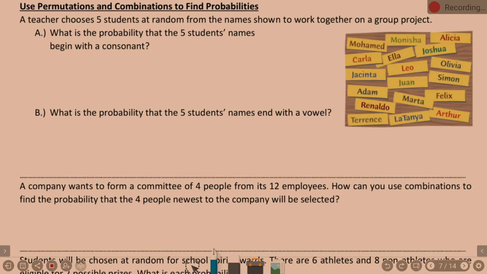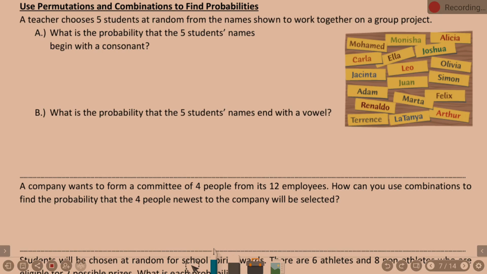A teacher chooses 5 students at random from the names shown together to work on a group project. What is the probability that the 5 students' names begin with a consonant? Should we figure out some information about all these names?